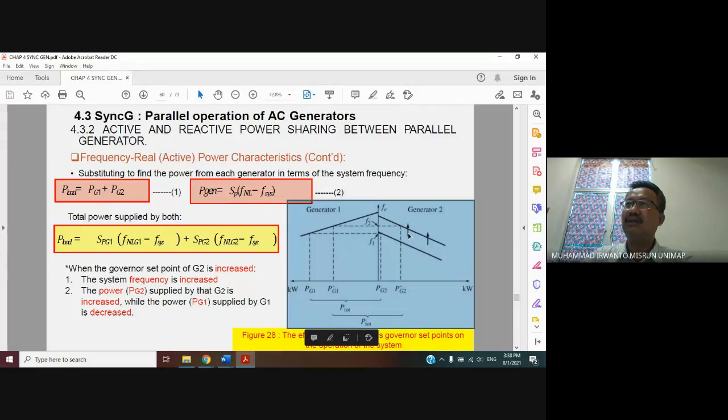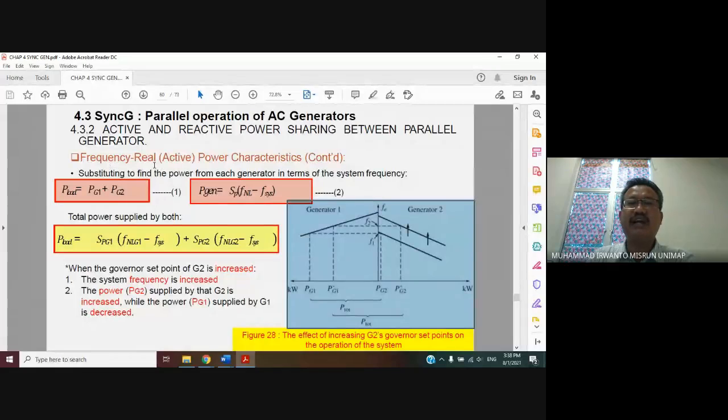Meaning the increase of the frequency of generator 2 will cause the increase of the real or active power of generator 2. But if the total power is maintained, the effect on generator 1 is that its active power will decrease. But the total before and after is the same.